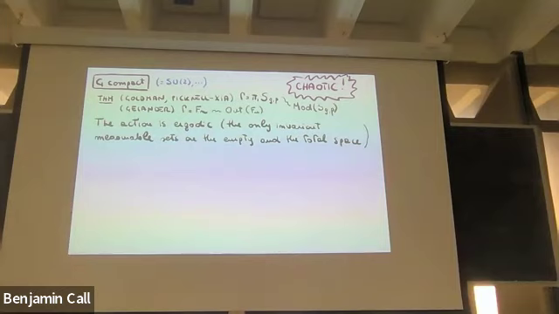I just want to mention that Goldman discussed the case of SU2, Pickrell and Xia generalized to general groups, and even if you try to generalize to non-orientable surfaces, this is mostly unknown.